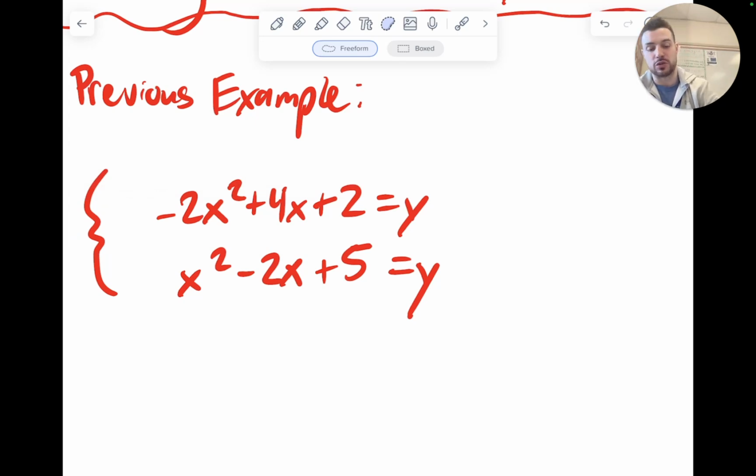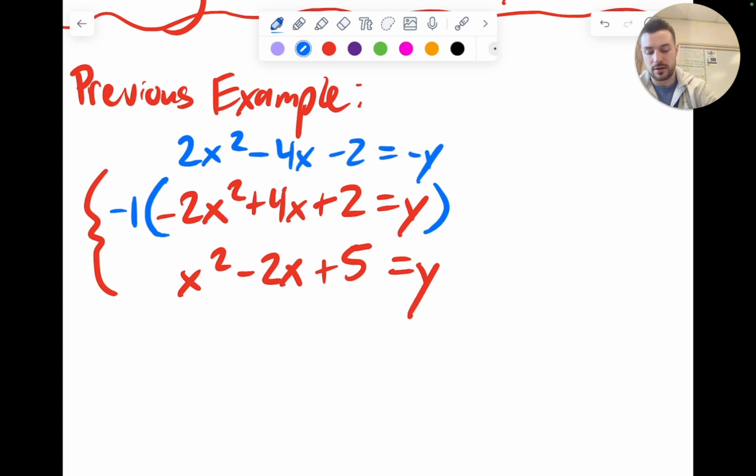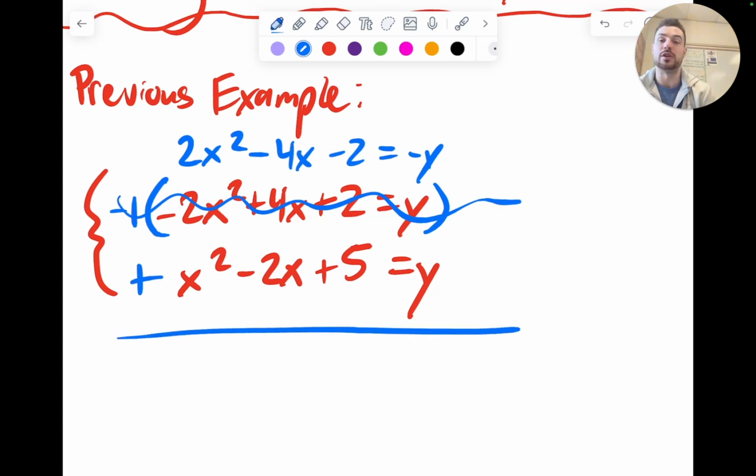I'm going to do that by multiplying my top equation by -1. When I do that, I will get a positive 2x squared minus 4x minus 2 equals -y. And now I can add those two equations together.